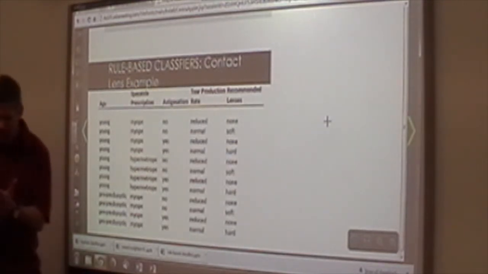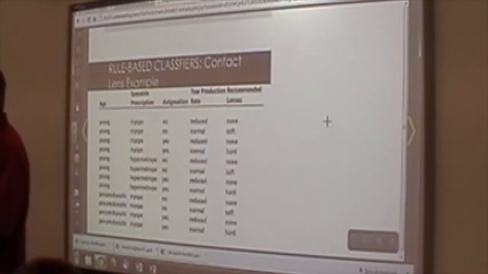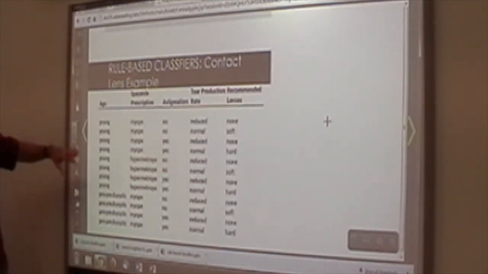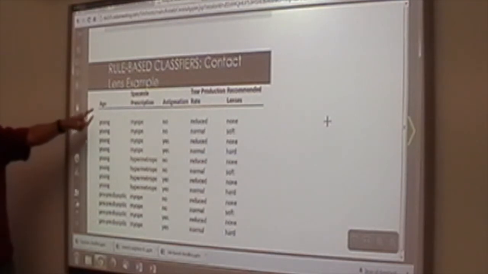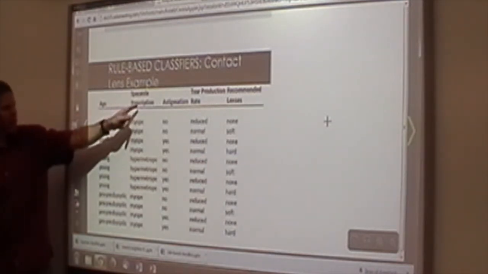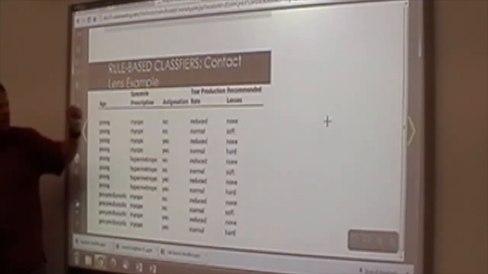I'm going to use a different example instead of the weather example. This is an example called the contact lens example. I couldn't fit it onto one page, so I'll go back and forth sometimes between this page and the next one. We've got our attributes: age, spectacle prescription, astigmatism, and tear production rate.